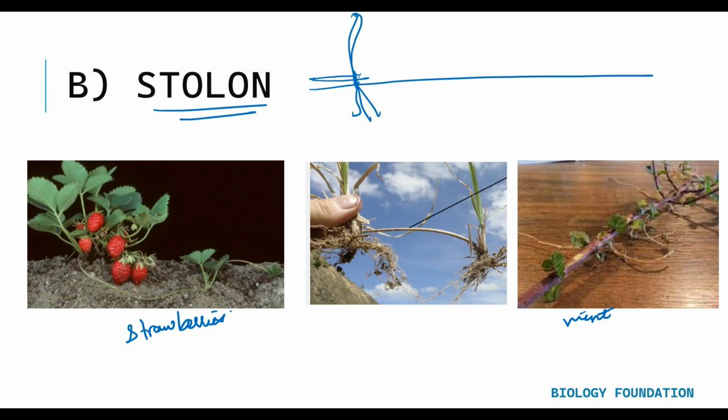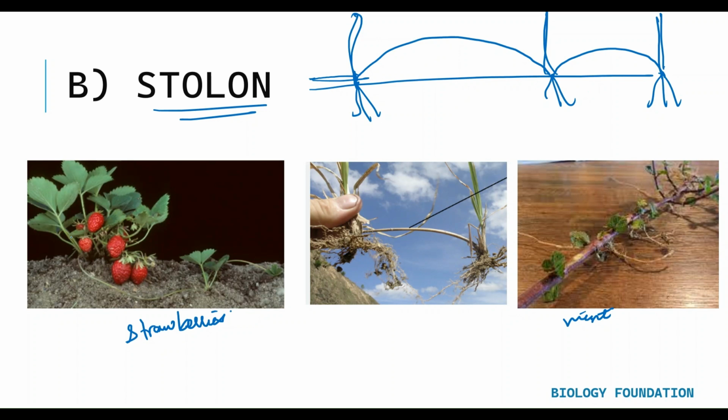Now again, here the stem grows like this, it touches the soil, roots develop, plant develops. Again, the stem hops, it touches the soil, roots develop, and a new plant starts developing.